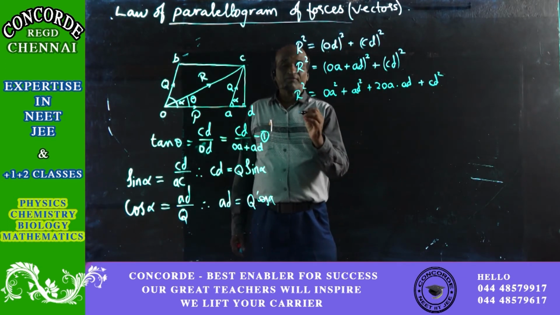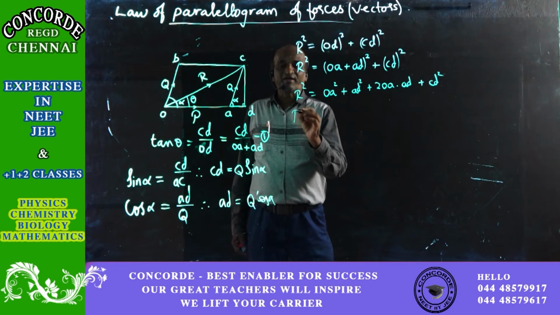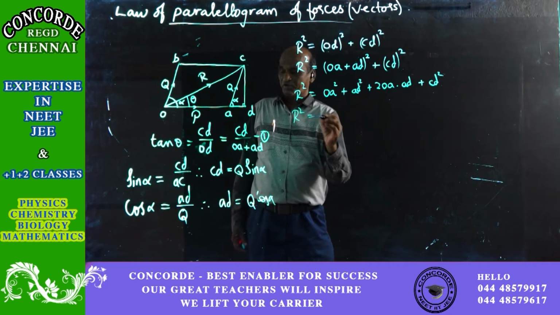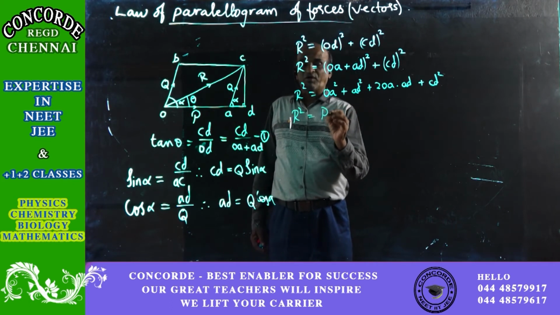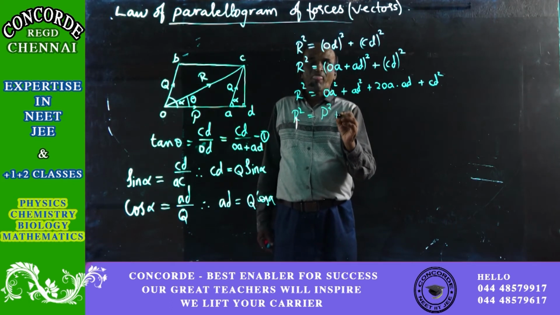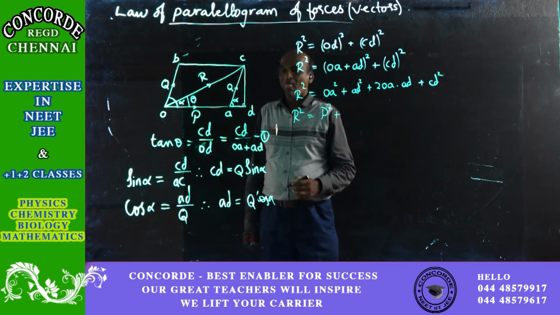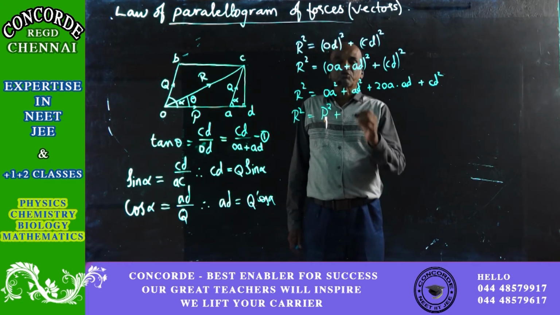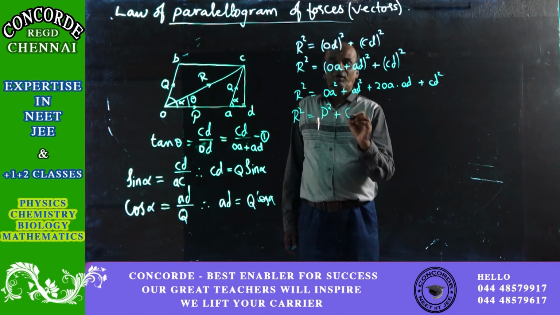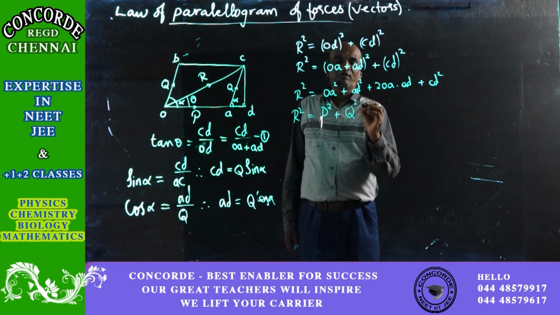So further simplifying, what we will now get is that R square is equal to OA square, which is equal to P square, you can see it from the diagram, plus AD square. And AD square is equal to Q square cos square alpha.